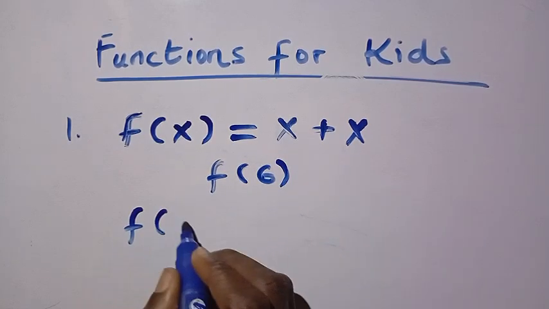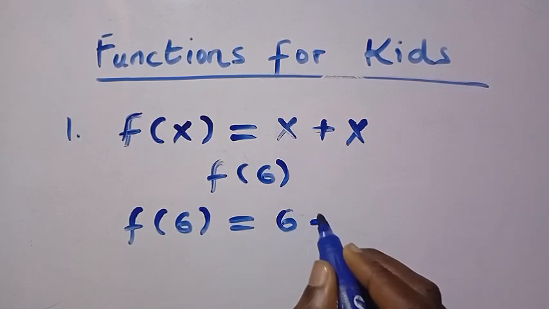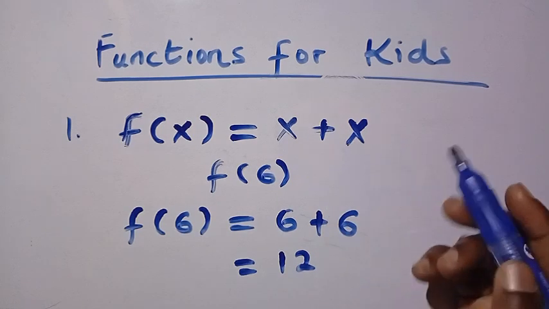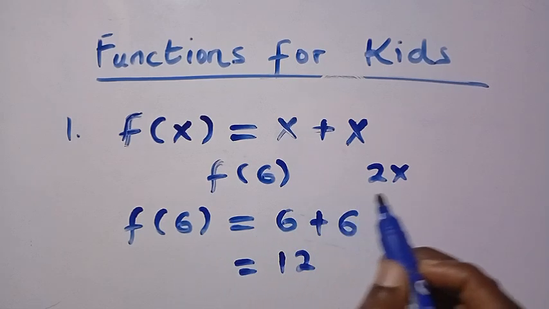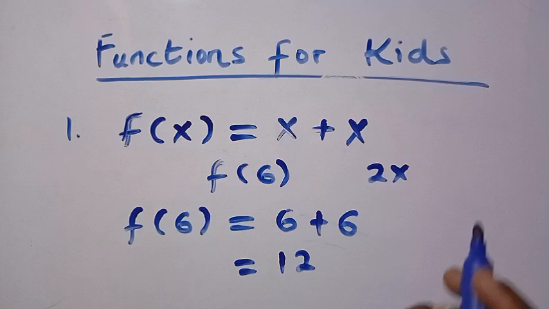Here we have f of 6 equals 6 plus 6, and 6 plus 6 gives us 12. This is just like when we double it, like the one we did before: x plus x is 2x, because 2 times 6 gives us 12. Different pattern but the same answer.